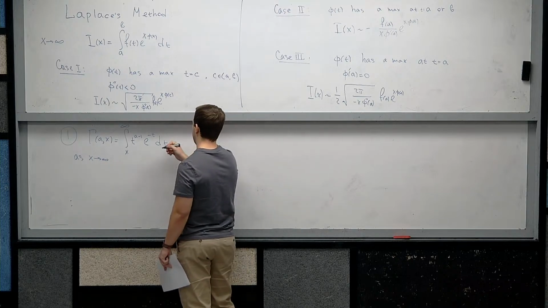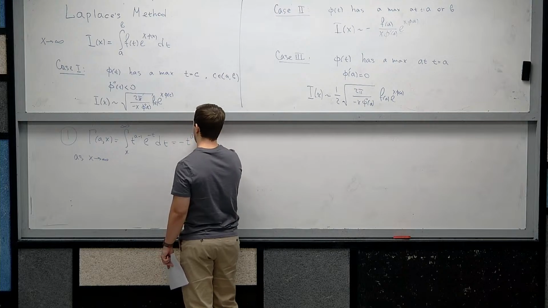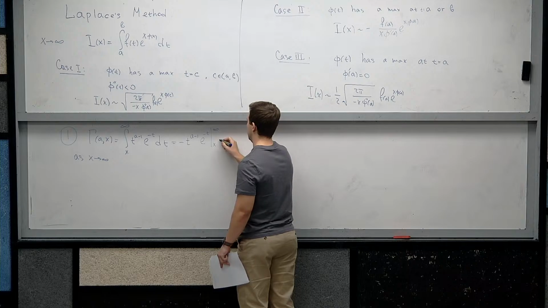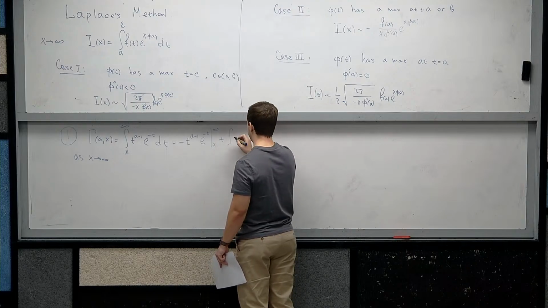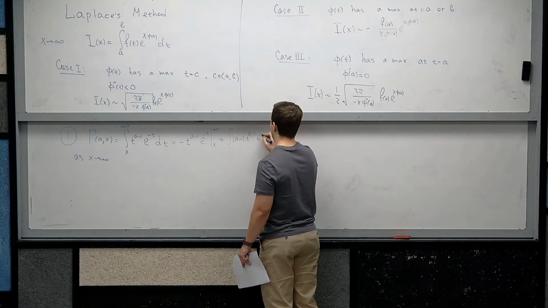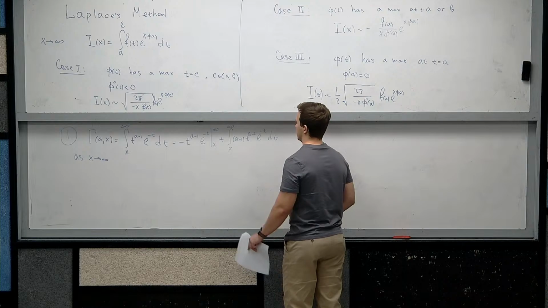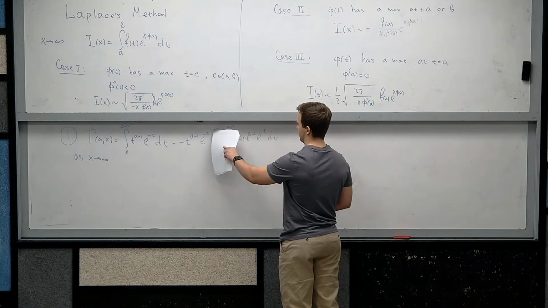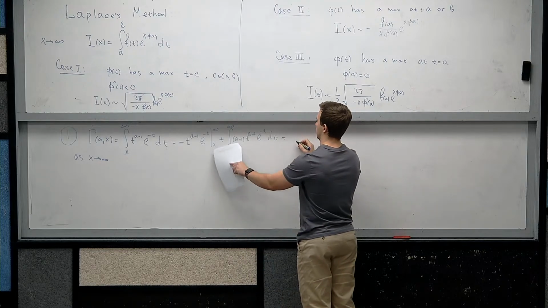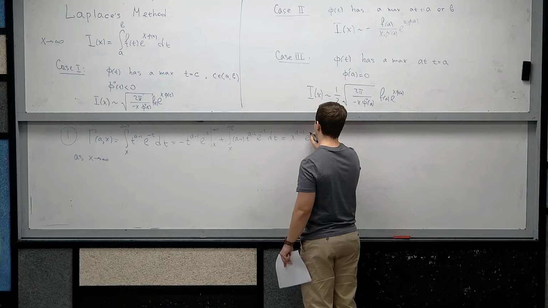In the first integration by parts, I'll have minus t^(a-1) e^(-t) from x to infinity, plus the integral of (a-1) t^(a-2) e^(-t) dt from x to infinity. On the upper boundary we have 0, and on the lower boundary we have x^(a-1) e^(-x).